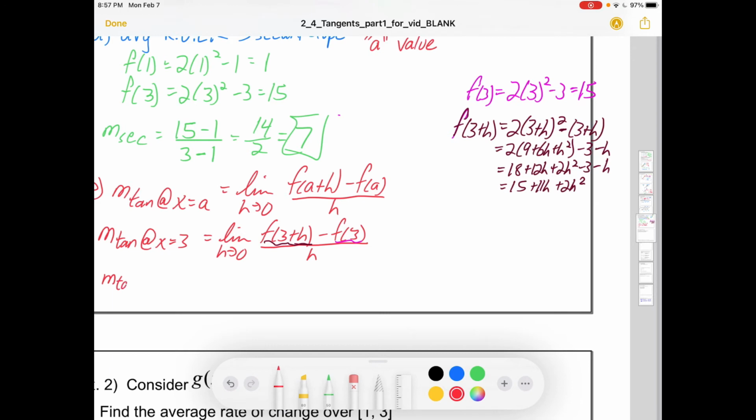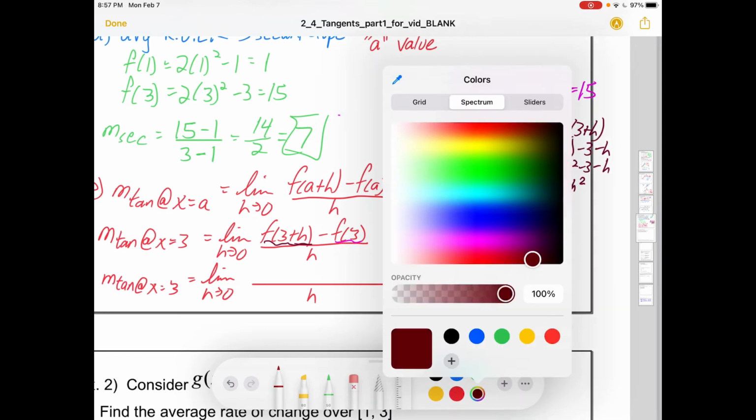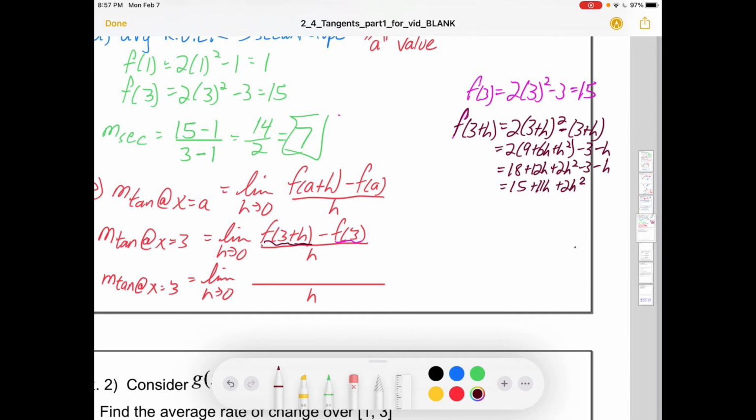So I went off to the side. The slope of the tangent at x equals 3 is just going to be the limit as h goes to 0 of, let's get that color roughly back, of the f of 3 plus h, that's 15 plus 11h plus 2h squared, minus f of 3, which was 15.